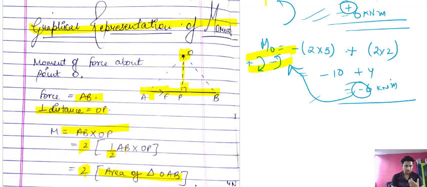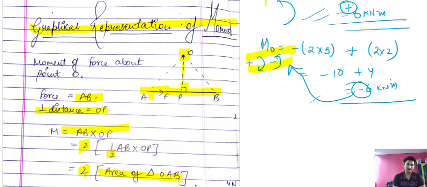The moment of a force about a point is equal to twice the area of a triangle, considering the axis of rotation as the vertex, and the line representing the force as the base of the triangle.